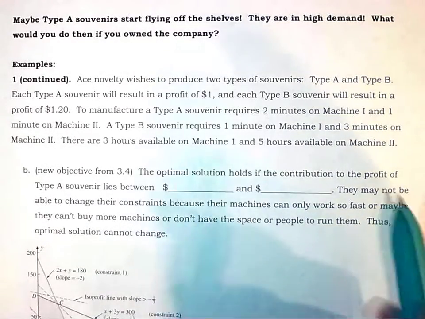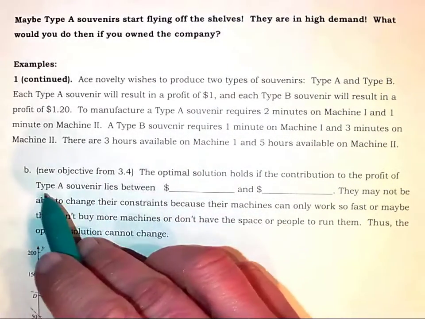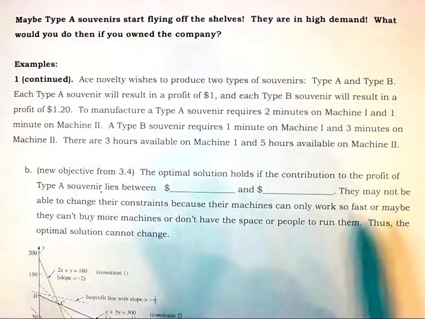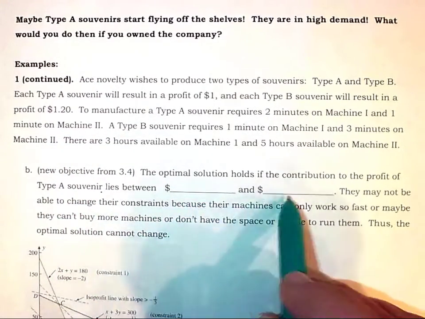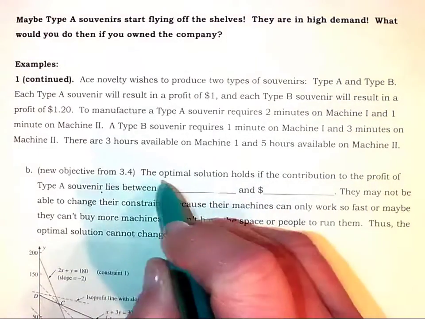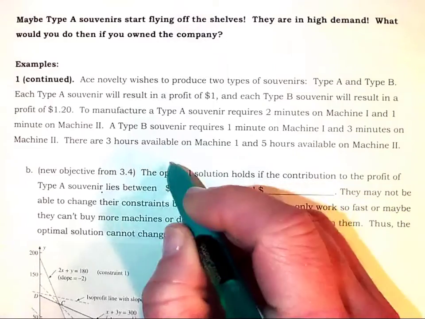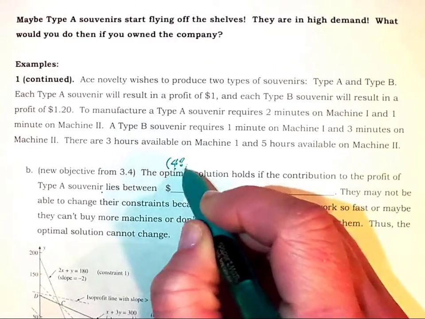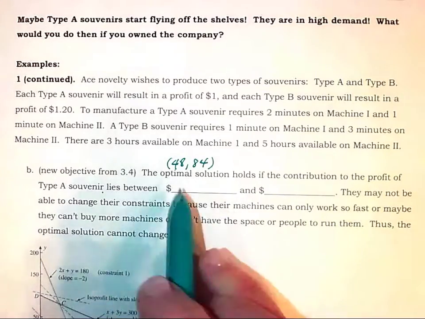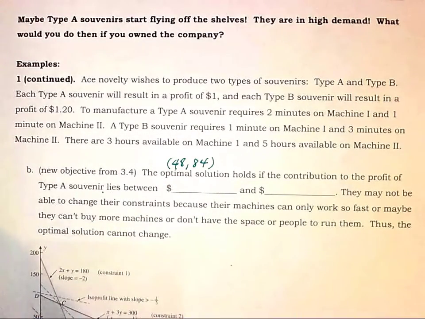So we're looking for what we can change that type A souvenir profit contribution to. So we want to kind of trap it between two amounts so that we can still keep that optimal solution of the 48 type A's and the 84 type B's, because that helps us keep those constraints in order.